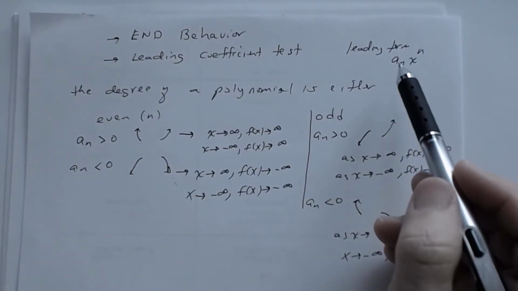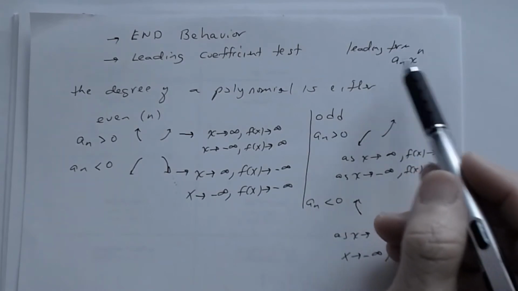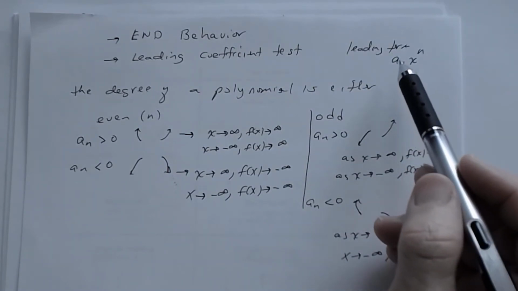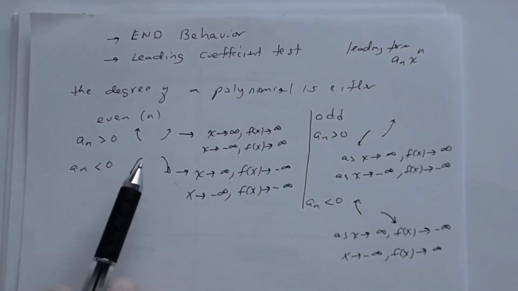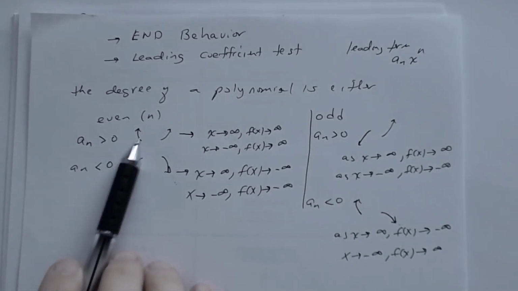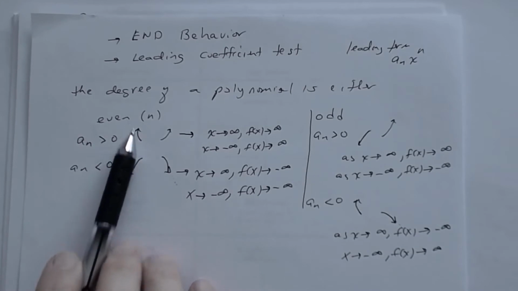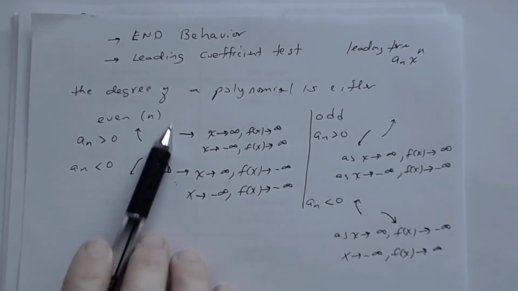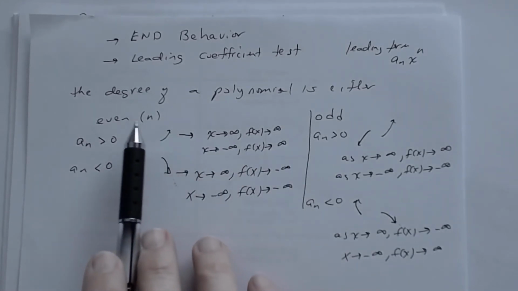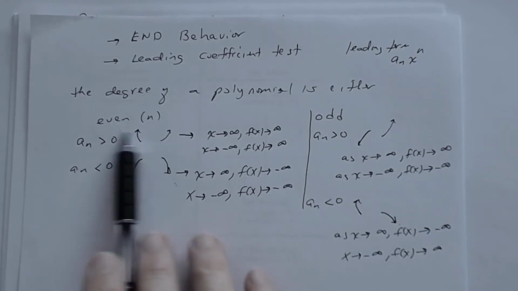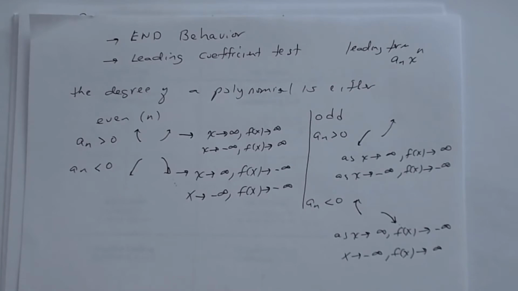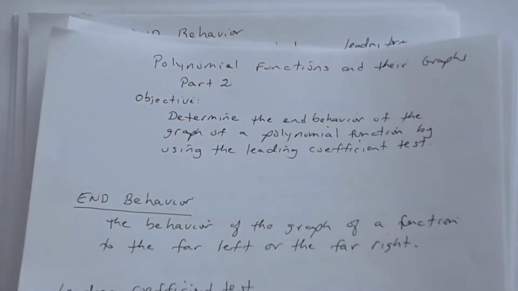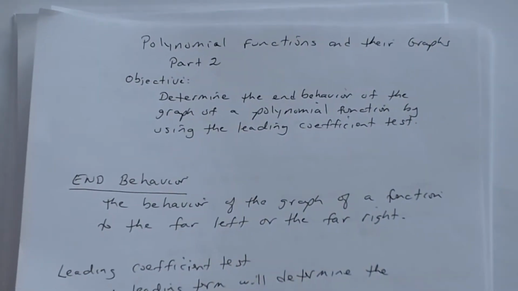It's sometimes called the leading term test or the leading coefficient test. We looked at whether the far left went up or down, and the far right went up or down, and we talked about whether the degree is even or odd. So it is very important that you go back and study part 2.